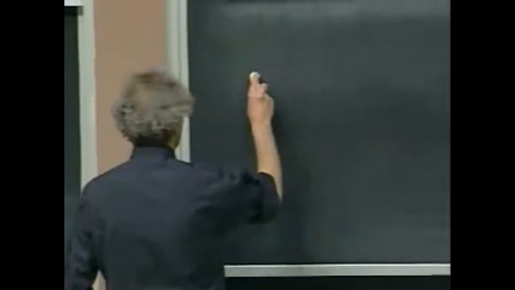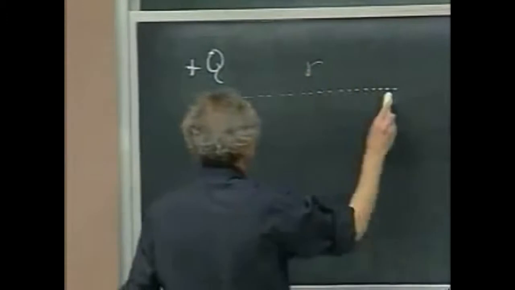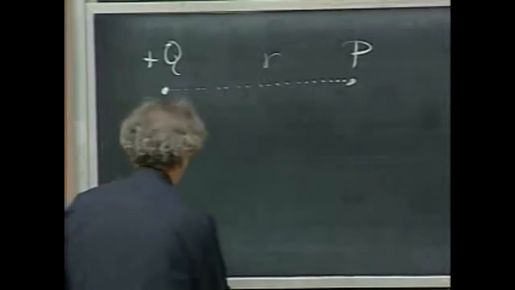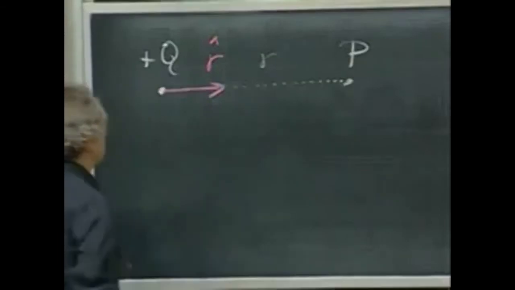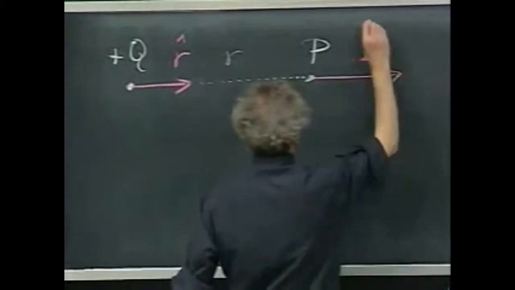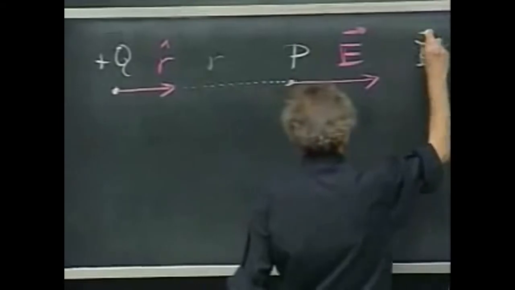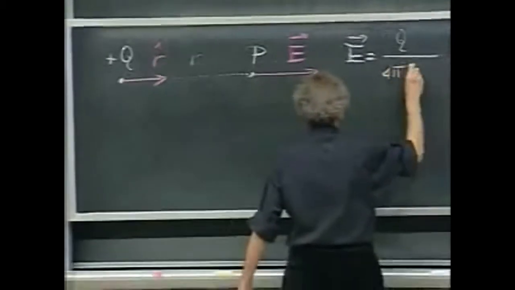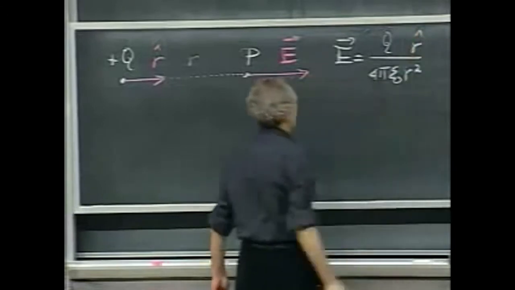I have here a charge plus Q, and at a distance r, at that location P, we know what the electric field is. We've done that a zillion times. This is the unit vector in the direction from Q to that point, and we know that the electric field is pointing away from that charge, and we know that the electric field E, we've seen that already in the first lecture, is Q divided by 4 pi epsilon 0 r squared in the direction of r roof.